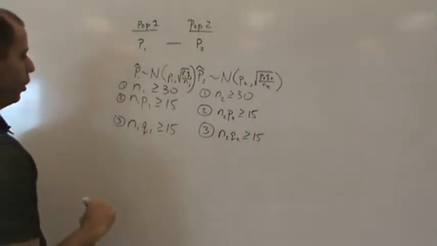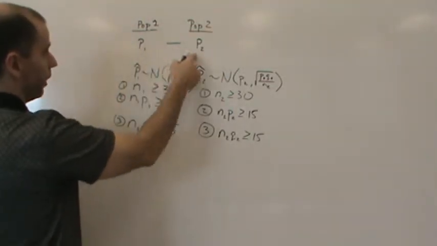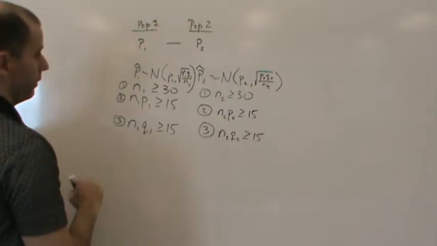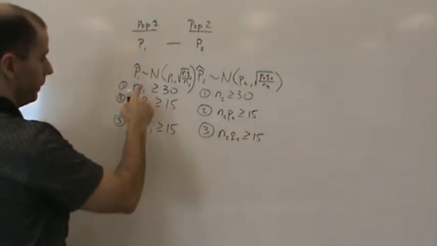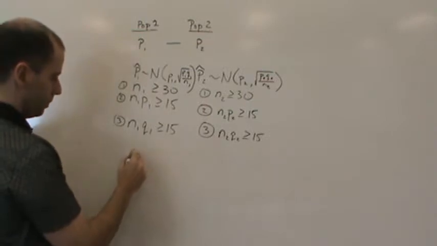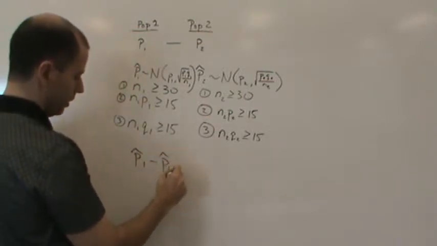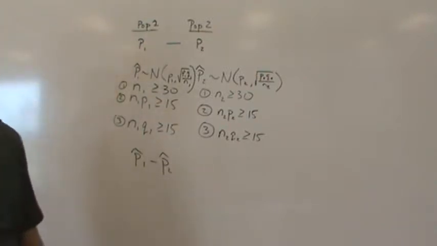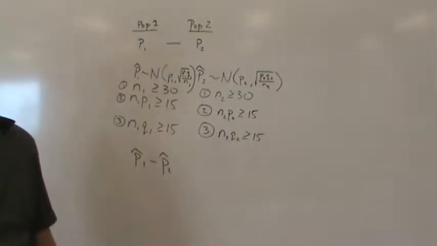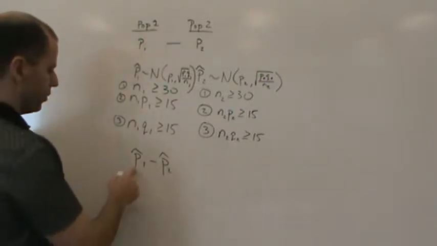So I'm going to need to know the distribution of the random variable for this situation, which is, as you might guess, P1 hat minus P2 hat. Okay? So now I need to know the distribution of this.